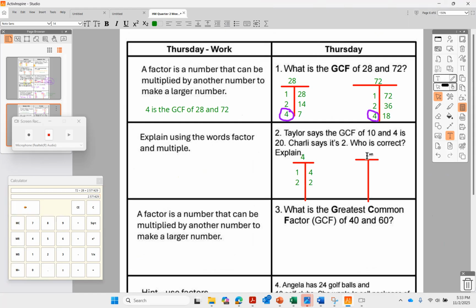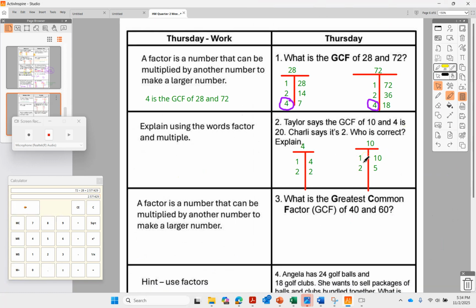The factors of 10 are 1 times 10, 2 times 5. Okay. And the only one they have in common is 2.